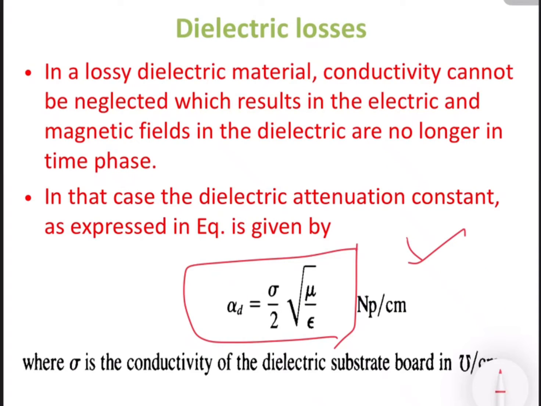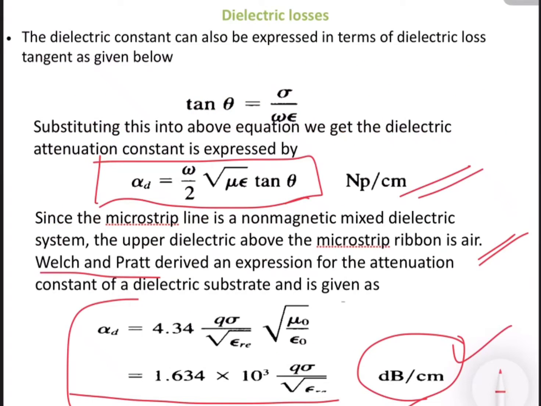So you express the attenuation constant as alpha d is equal to sigma by 2 into root of mu by epsilon nepers per meter. And that can also be expressed in terms of the dielectric loss tangent, that is tan theta is equal to sigma by omega epsilon.